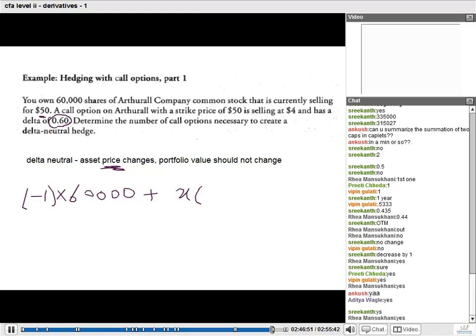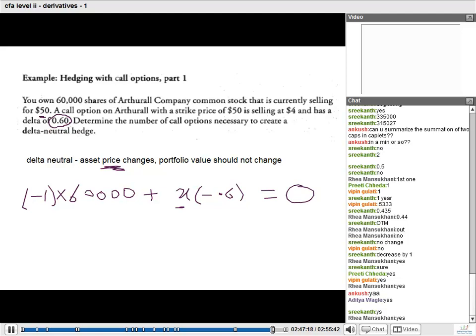The value of these call options will fall by 0.6. So this will be the total change in my portfolio. If the stock moves down by $1, will this be the total change in the value of the portfolio, assuming I had also bought X call options? Now the total change in the value of the portfolio for a delta neutral hedge should be 0.